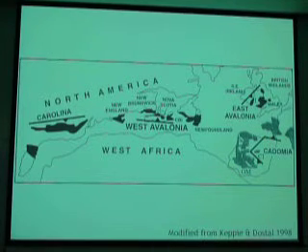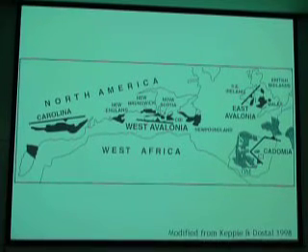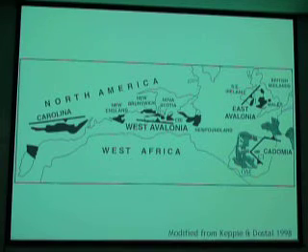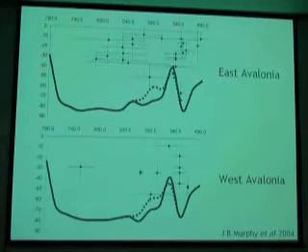Now, this has been regarded as more than one terrain. It's been divided into east and west Avalonia, regarded as two separate terrains. But if you use the polar wandering paths, they are identical on east and west Avalonia, and we regard them as one single terrain.